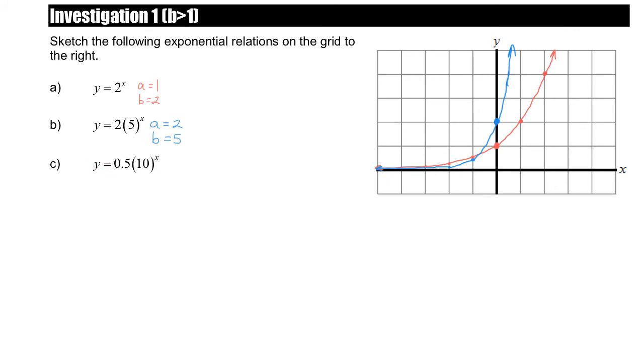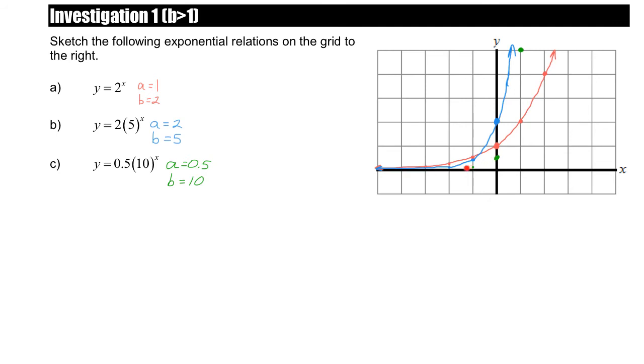Our last one here, the growth factor is 10, but my y-intercept is 0.5. So my y-intercept is 0.5 right here. My growth factor is 10, so 10 times 0.5 would be 5. So when I go over, I'm up to 5 now. When I go backwards, I'm going to be 1/10 of what I was, so really small already.